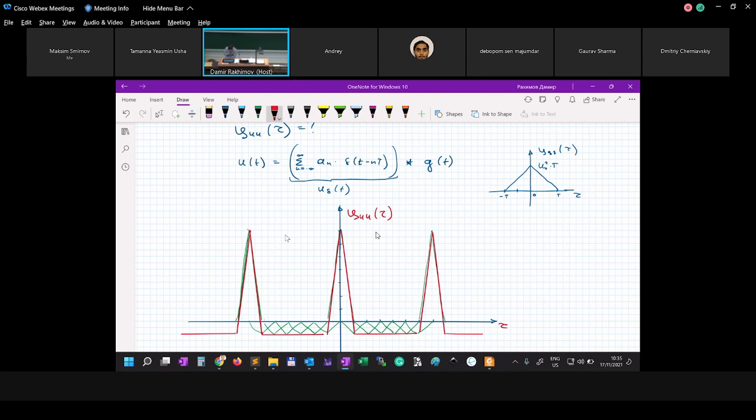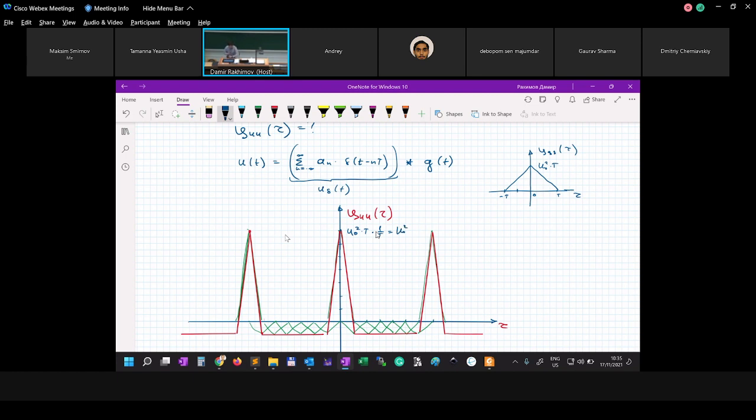Now we need to calculate the autocorrelation function for the rectangular pulse times the maximum of the autocorrelation sequence. It was 1 over T. As a result, the maximum will be u0 squared.